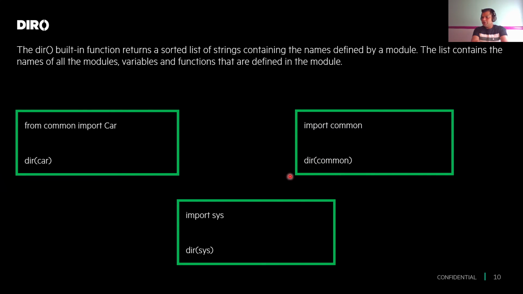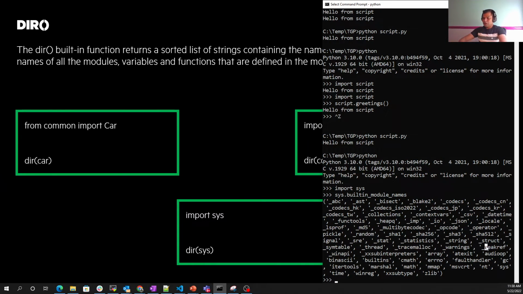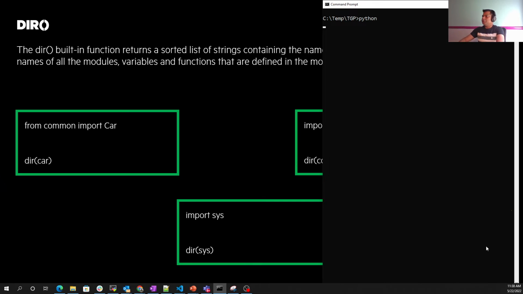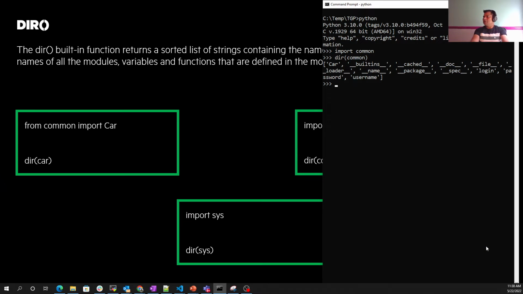For us today, we just imported sys, which is the built-in module. Another is common, which we created. We'll be exploring these two modules and see what they have. Again, let me clear this page, bring up the interpreter once again, and import common, which we have already created. And now just say dir, passing the common module, and we had class Car.